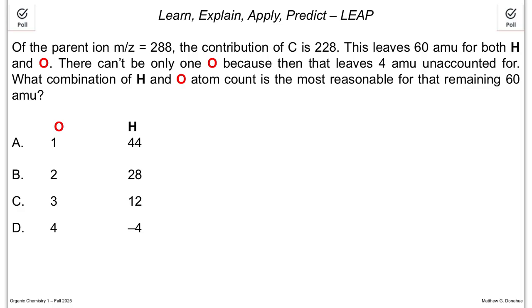Because oxygen is the higher mass, we're going to run through this table by increasing its count from 1. So basically, if you look at multiplying across for each row, those combinations will end up giving you 60.